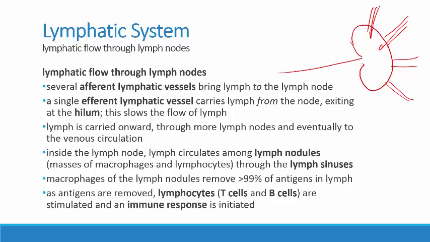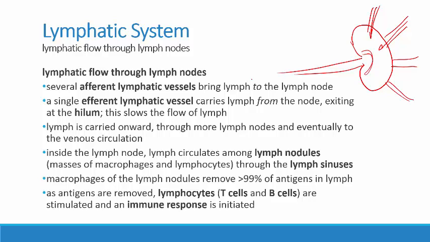The efferent vessel is the vessel that leaves the lymph node. It's always found in this region called the hilum. Because more fluid comes in than is allowed out, it really slows the flow of lymph as it passes through that lymph node.